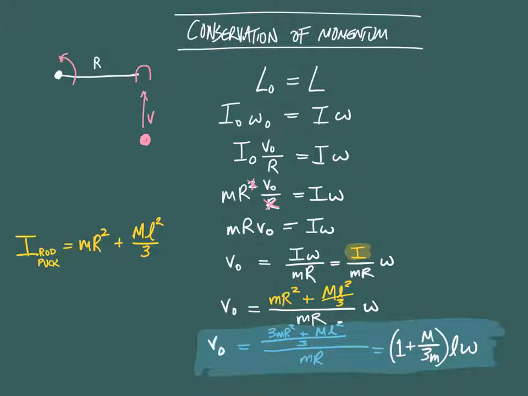So this is our V naught, simplifies down to that. And that's all we had to do, was come up with an equation that related the mass of the system, the component masses of the system, the length of the rod, and this angular speed that rod has.